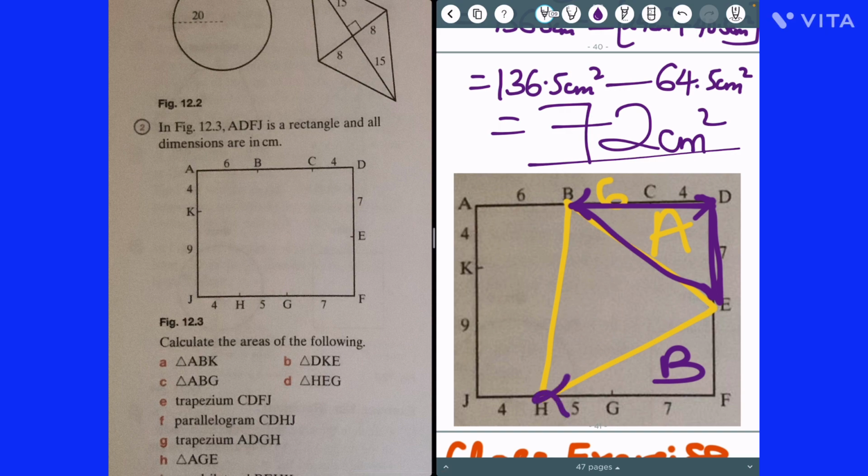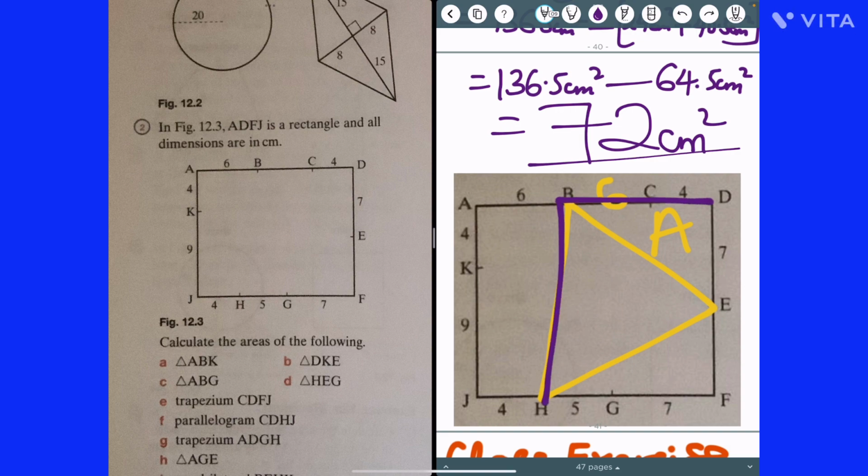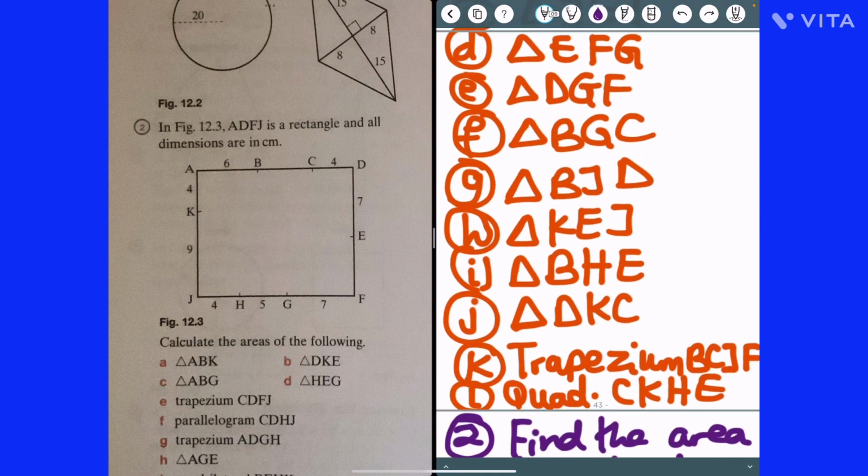In triangle B, my base is 12 and my height is 6. So I'll add the area of triangle A to B, subtract it from the area of the whole trapezium BDHE, and get the area of the triangle BHE. That's a very simple question too. I gave examples like it.